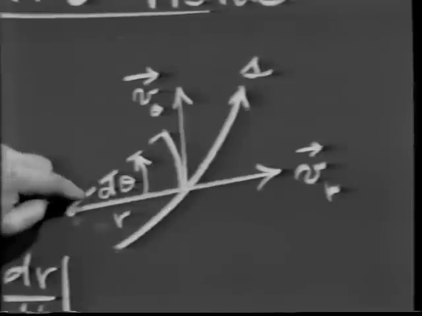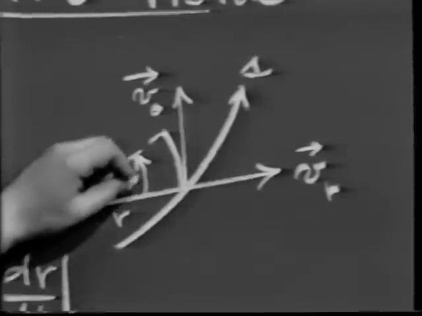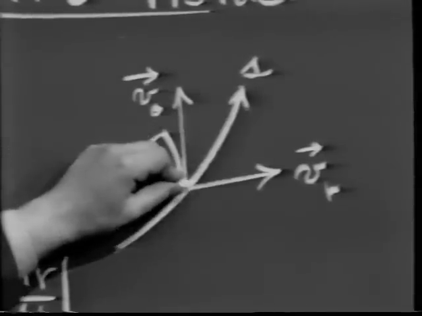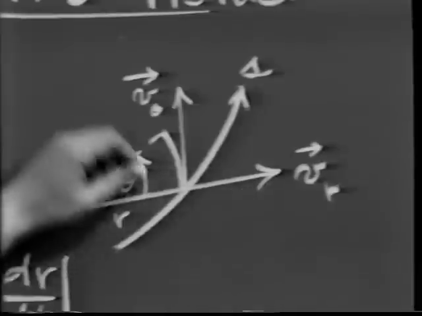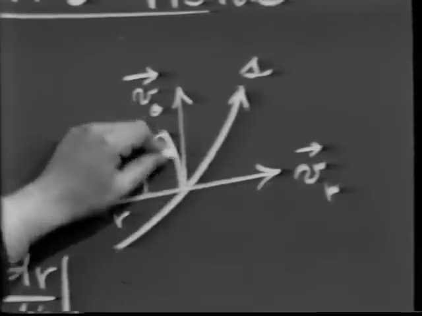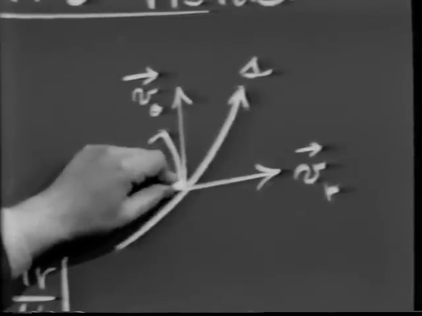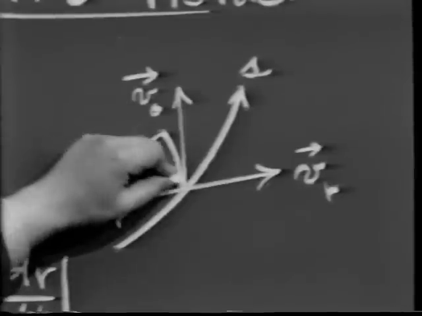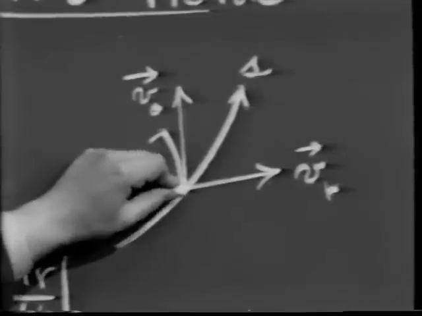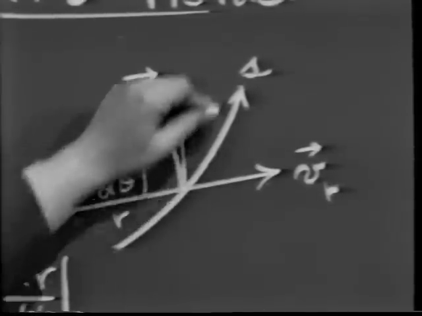Then I take a little increment of angle d theta, and I now think of v sub theta, which is at right angles to v sub r, as being tangent to the circle I would have obtained if I had imagined at this particular point the particle was being viewed with respect to the circle rather than to the curve itself.